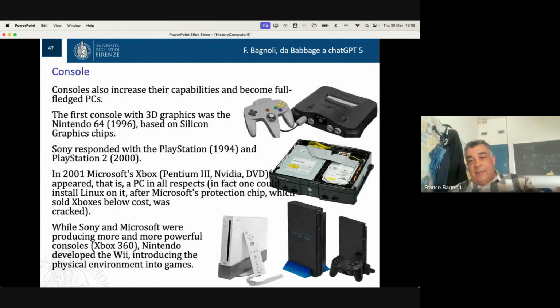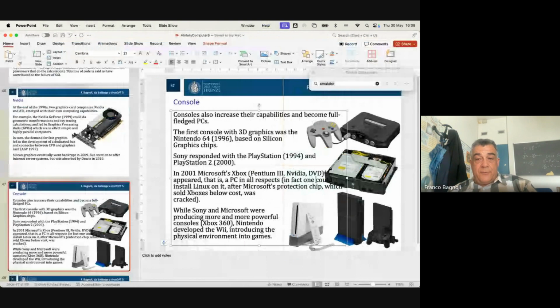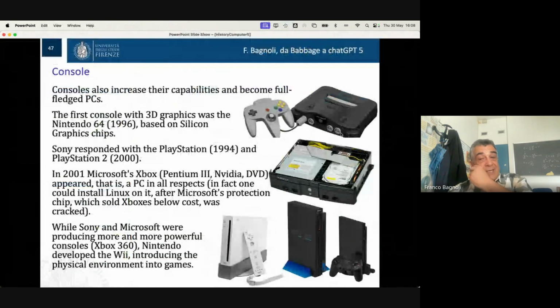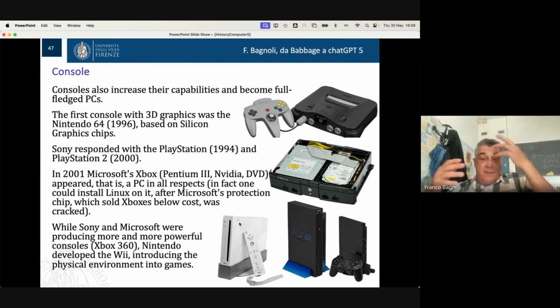Okay, then clearly we also have the improvement of consoles, and for instance, there are really innovative consoles like the Wii, which developed a completely new way of interacting with a computer.